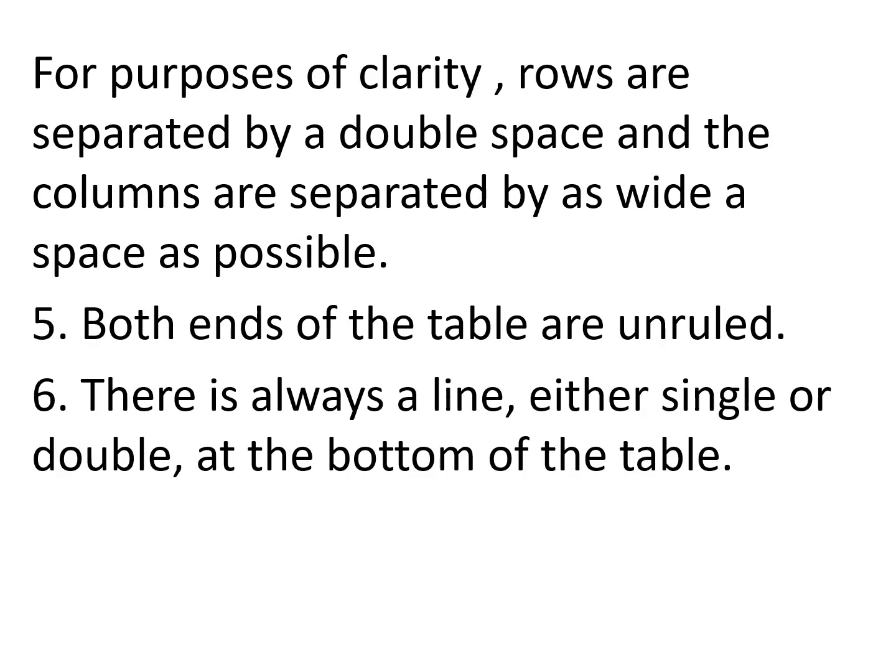For the purpose of clarity, rows are separated by a double space and the columns are separated by as wide a space as possible. Both ends of the table are unruled. There is always a line, either single or double, at the bottom of the table.